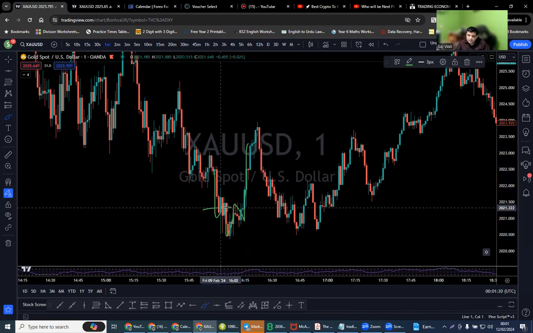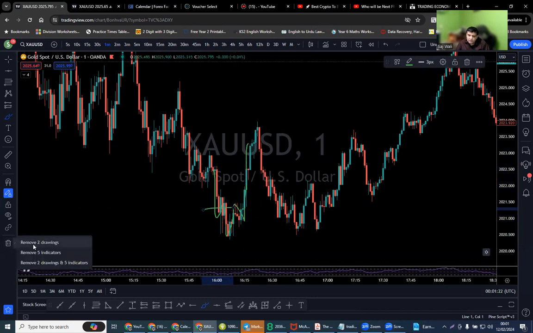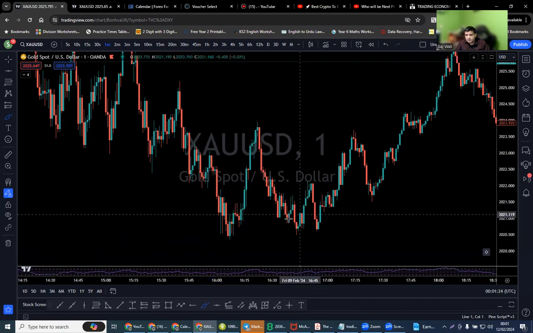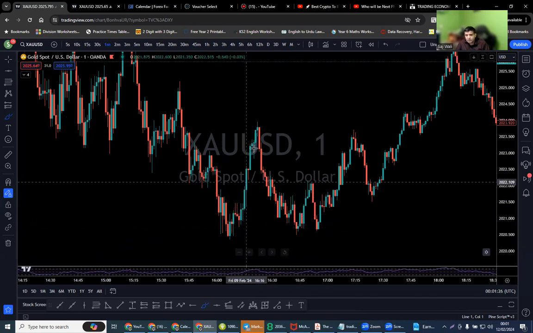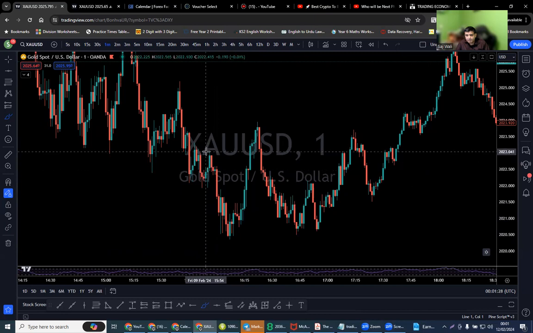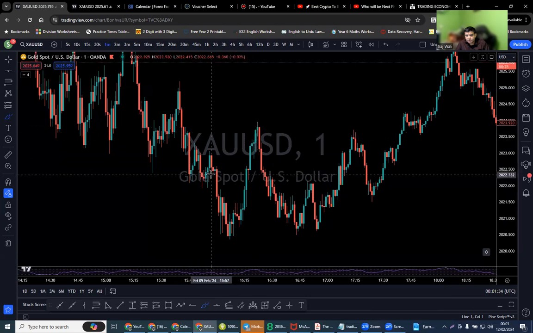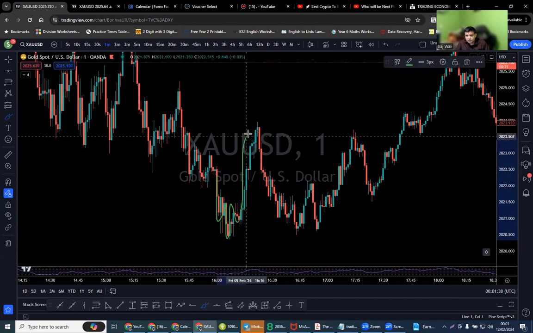Kind of reverse head and shoulder, yeah, similar to that. So again, the market went to the upside, and because it was a head and shoulder, we did see some move here.